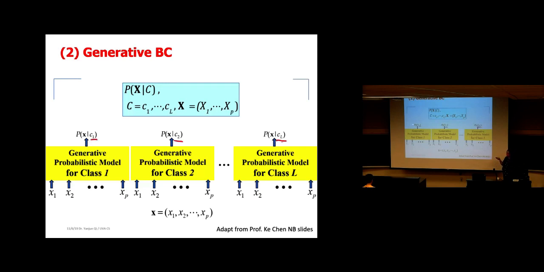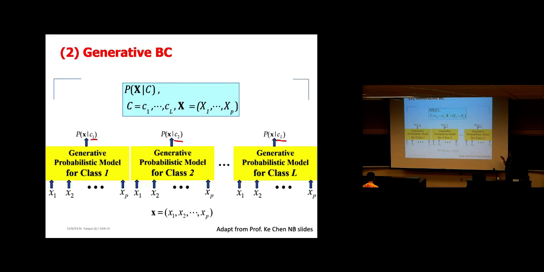How does the first class, C1, generate my example X? How does the second class, C2, generate my X? How does the L-th class generate my X? This is the probability it's modeling.